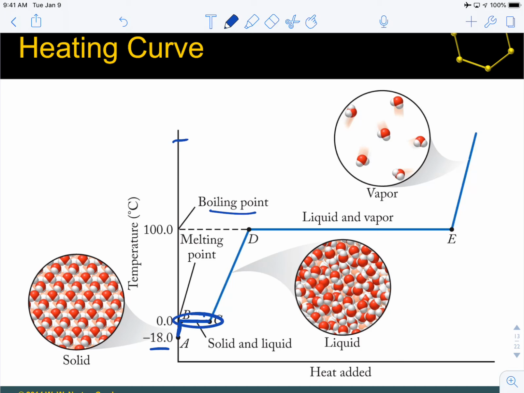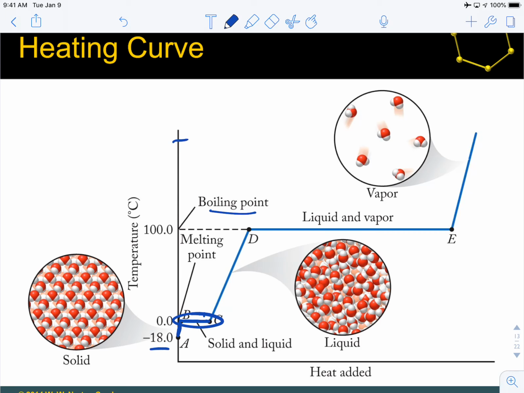It's going from solid to liquid. So the energy is going into that phase change, separating the molecules in a way that they can move past each other now. So effectively, the energy is going into affecting those bonds.